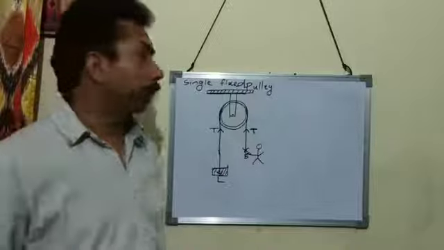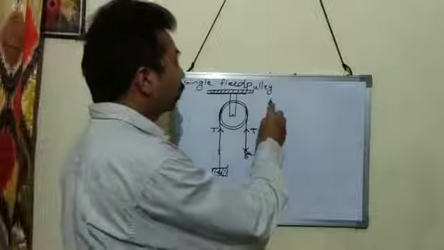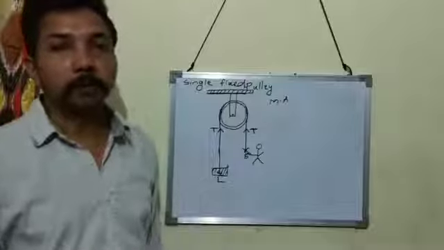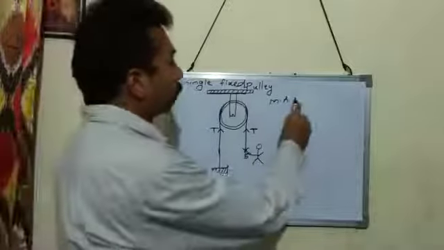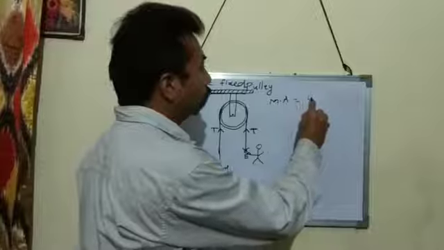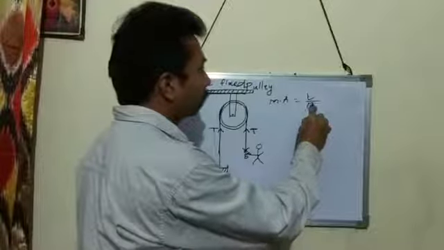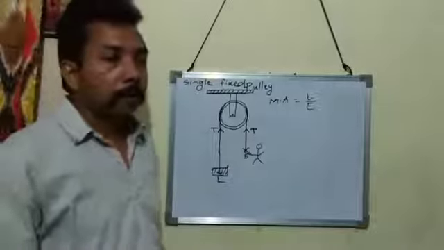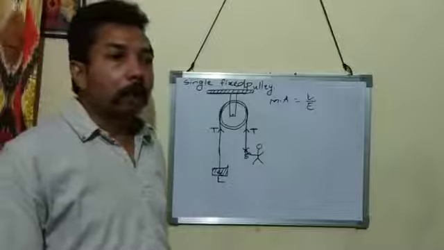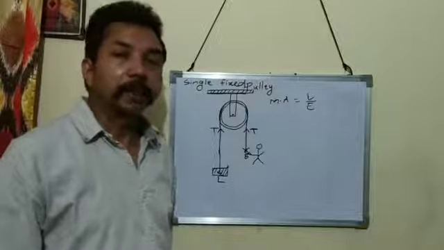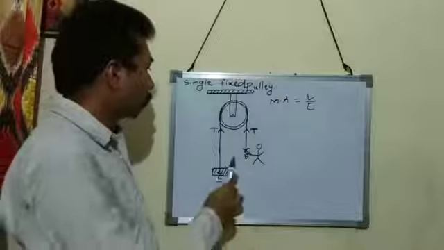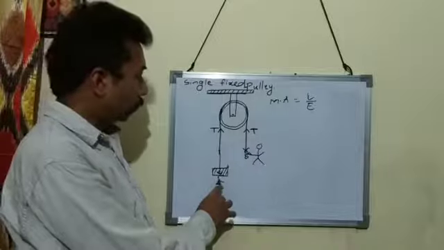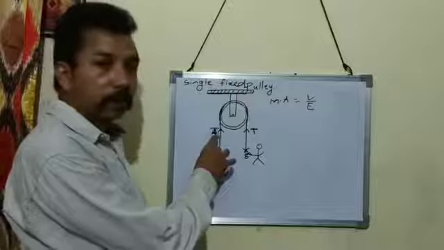Now we have to find the mechanical advantage and velocity ratio of a single fixed pulley. Mechanical advantage is equal to load upon effort. In the balanced position, the load is balanced by this tension.